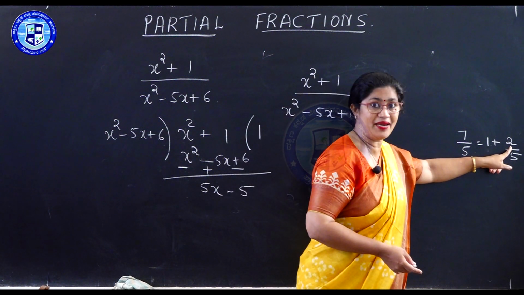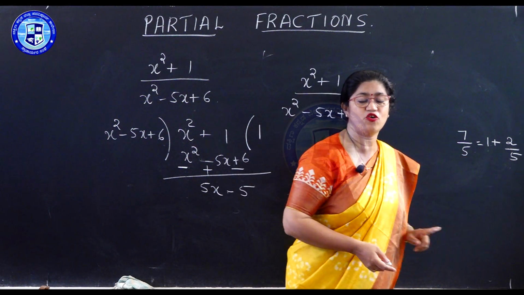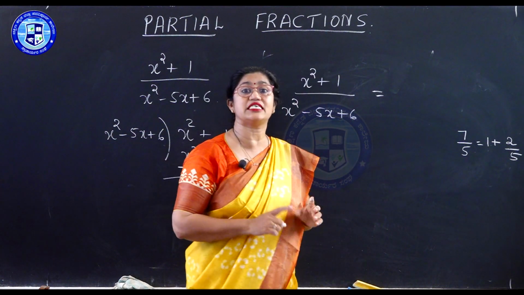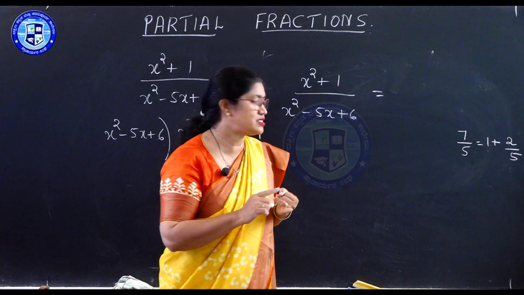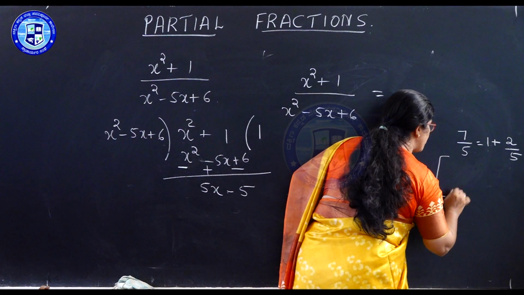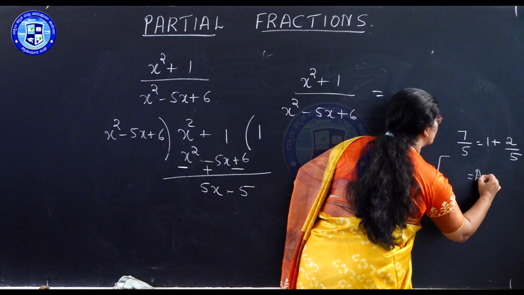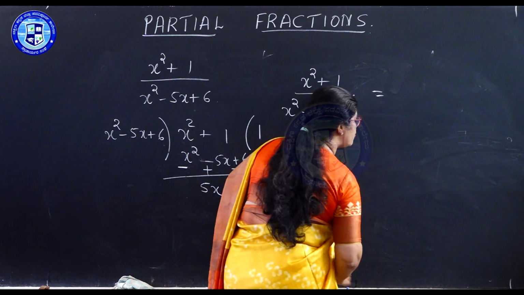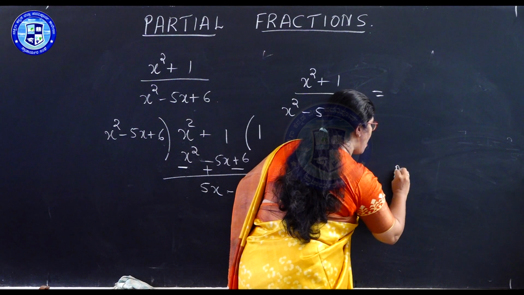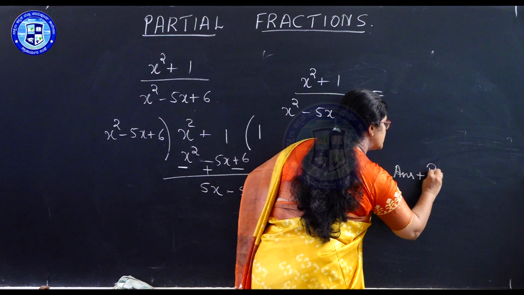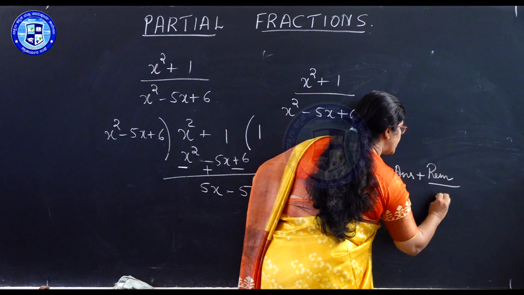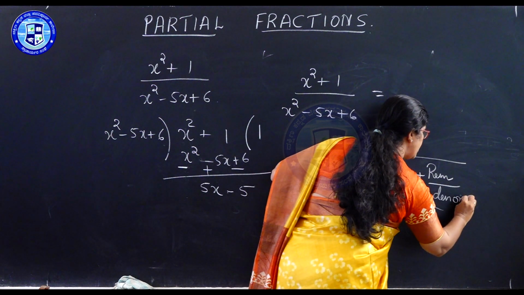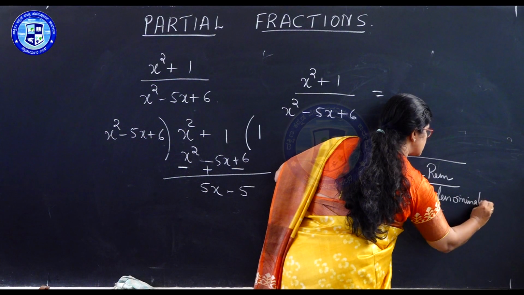This is the remainder and this is the denominator. So follow the same pattern. You have to write it as answer plus remainder divided by denominator. So think in your mind like this.